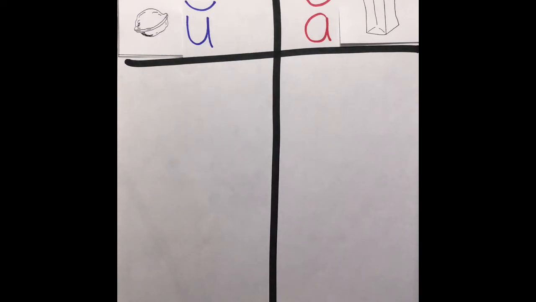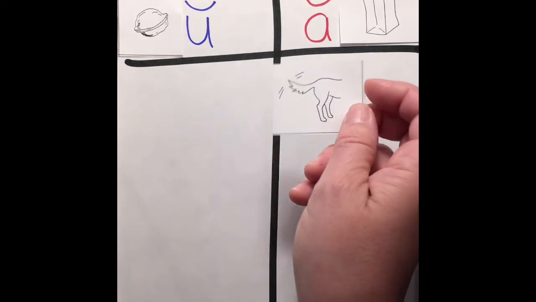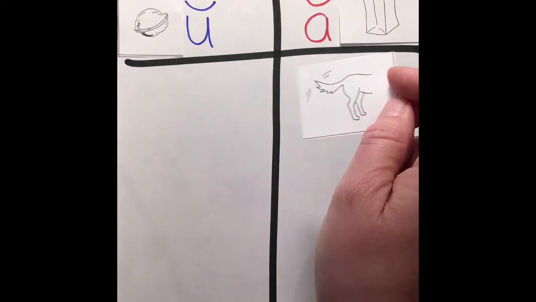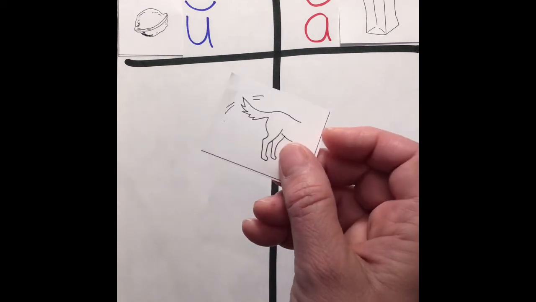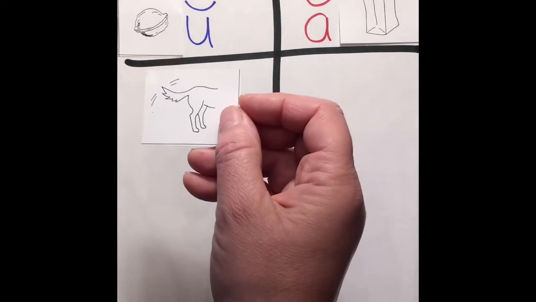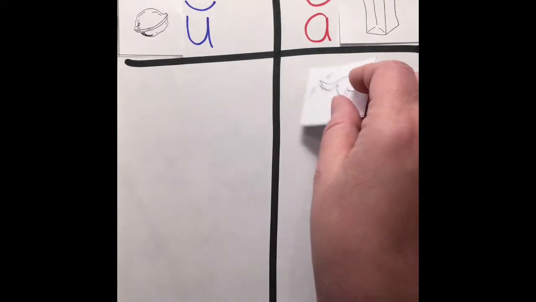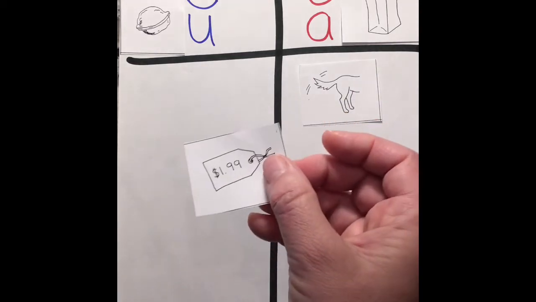All right. Now I'm going to show you a picture and you tell me if it goes under nut or bag. All right, this is wag. The dog's tail is wagging. Wag. Does that sound like bag or does it sound like nut? That's right, wag sounds like bag. The next word is tag. Say that.